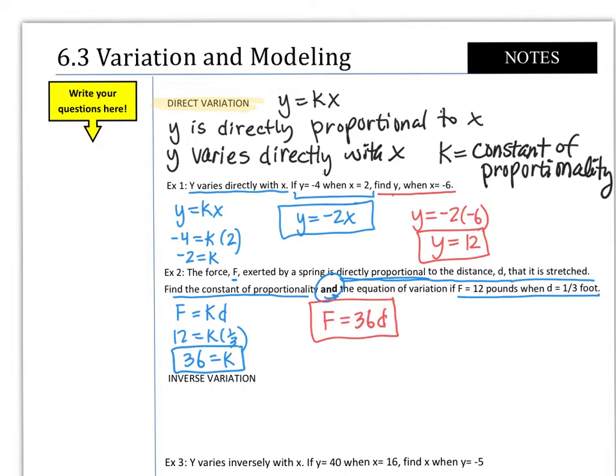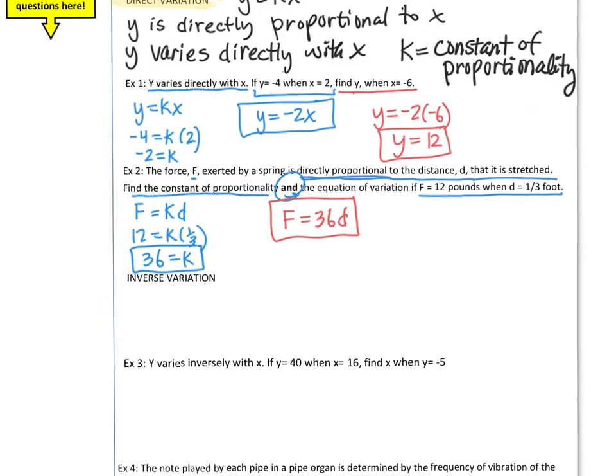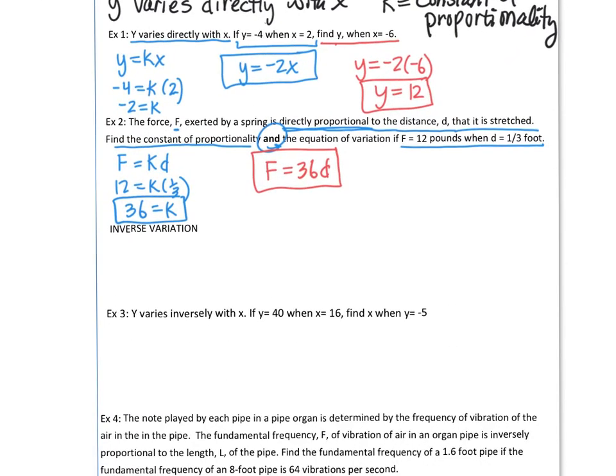Now this next part is inverse variation. It's very, very similar. What's different here, though, is it's dividing by something. So you have y equal to k divided by x. Instead of multiplying by something, you're dividing.